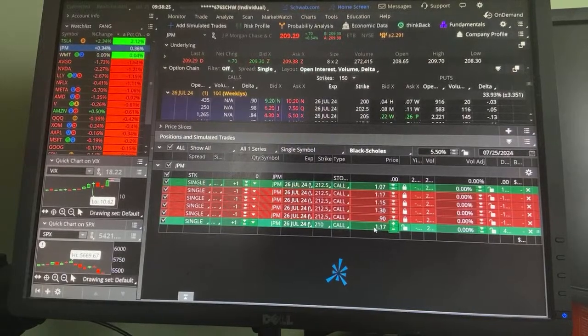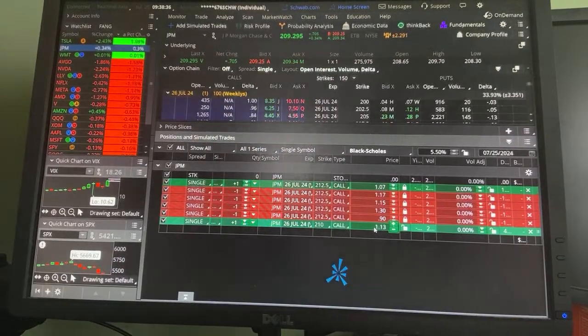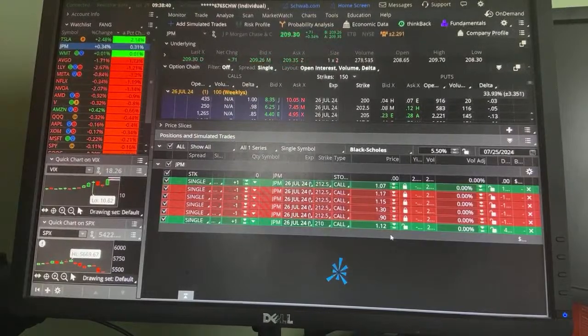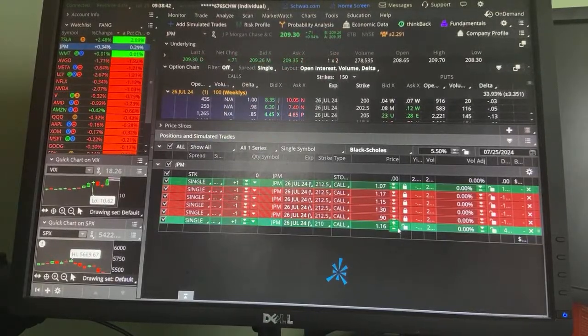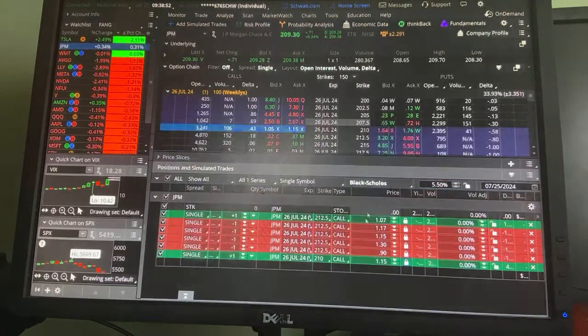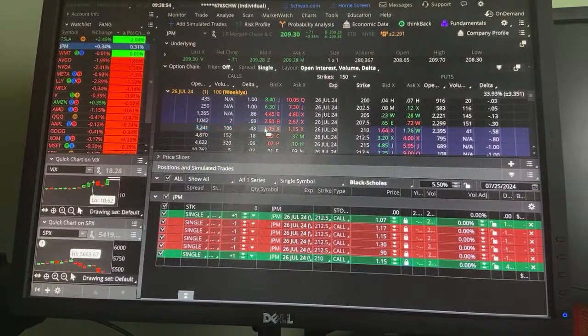What am I doing? 210 strike call, JP Morgan. Let's see if we can get some momentum on that. I just got filled at 1.15 on that bottom 210 strike call.